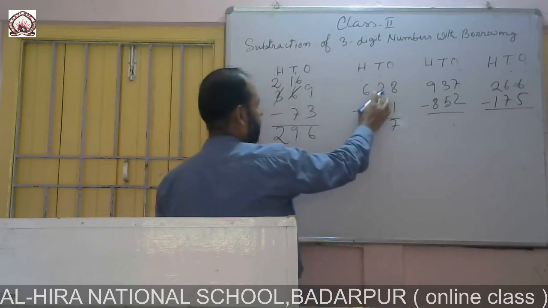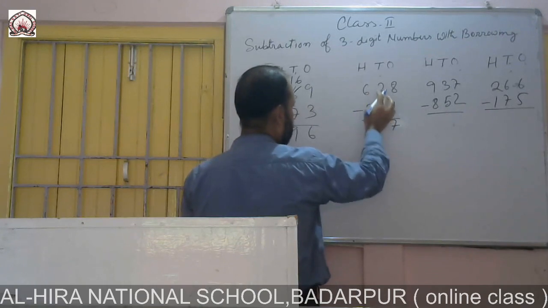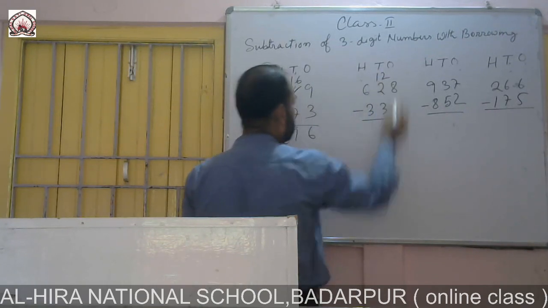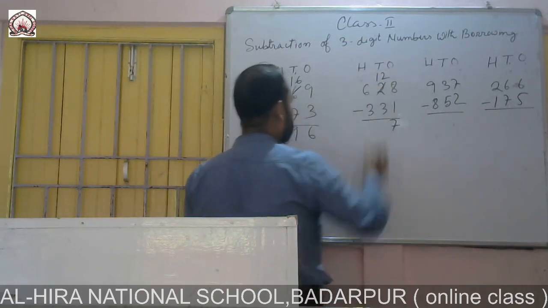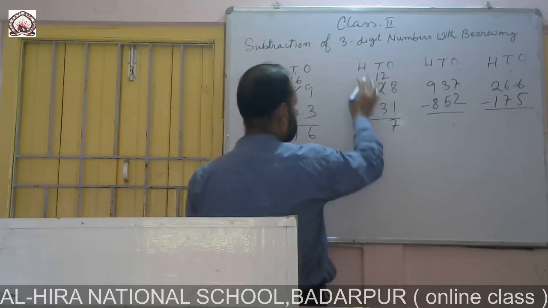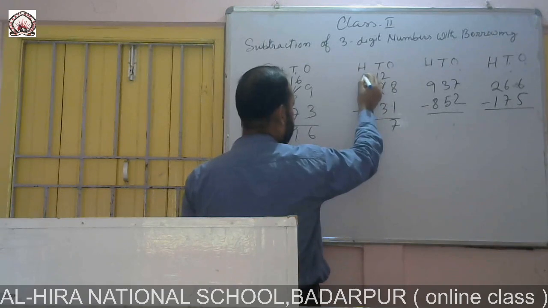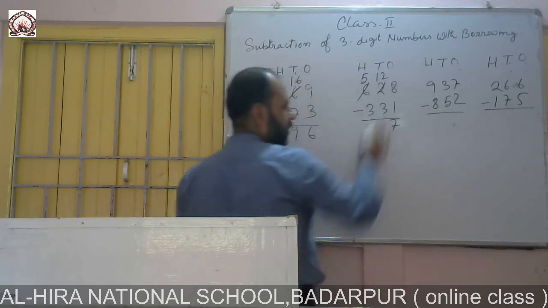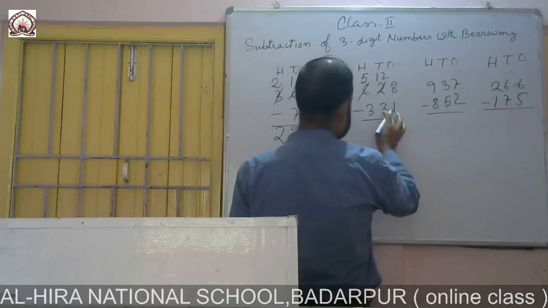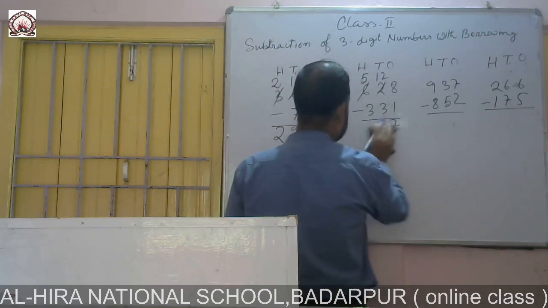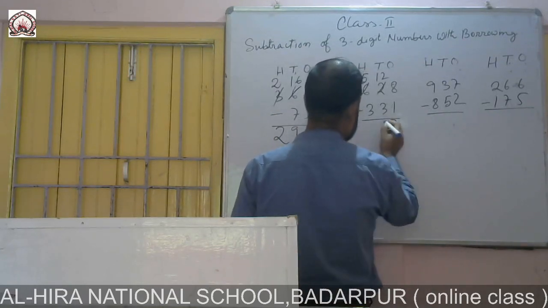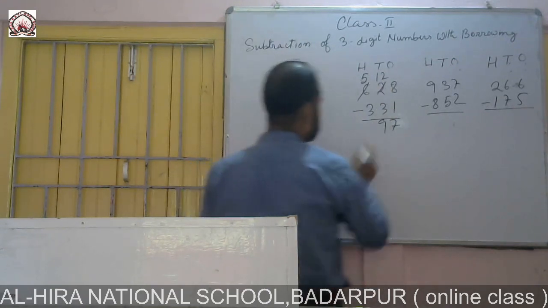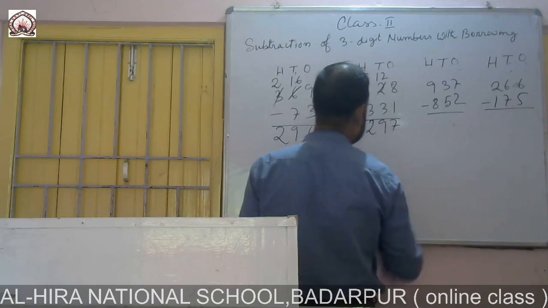Then there are 12. 2 minus 3 can't, then borrow 1, then it is 12. And from 6 we borrow 1, then there remain 5. So 12 minus 3 is equal to 9, and 5 minus 3 is equal to 2.